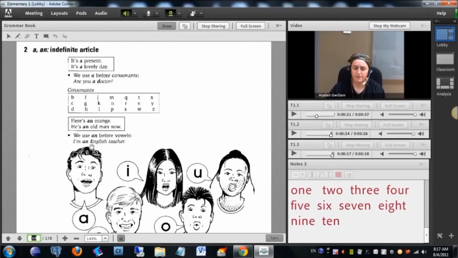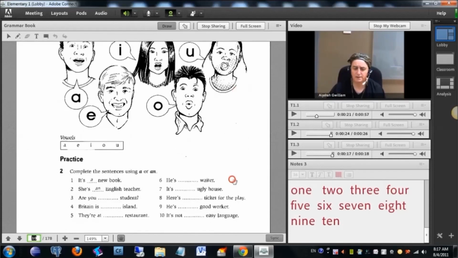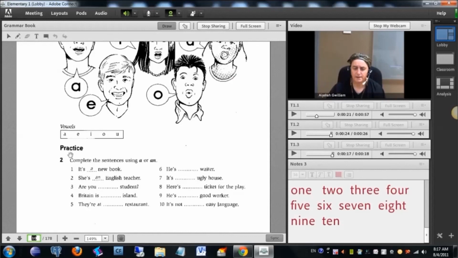I'm an English teacher. Okay? I want you to have a look down here. Have a look at this practice, number 2, and complete the sentences using a or an. Number 1, it's a new book. A because it's N. It's a consonant. She's an English teacher. An because this letter is E.